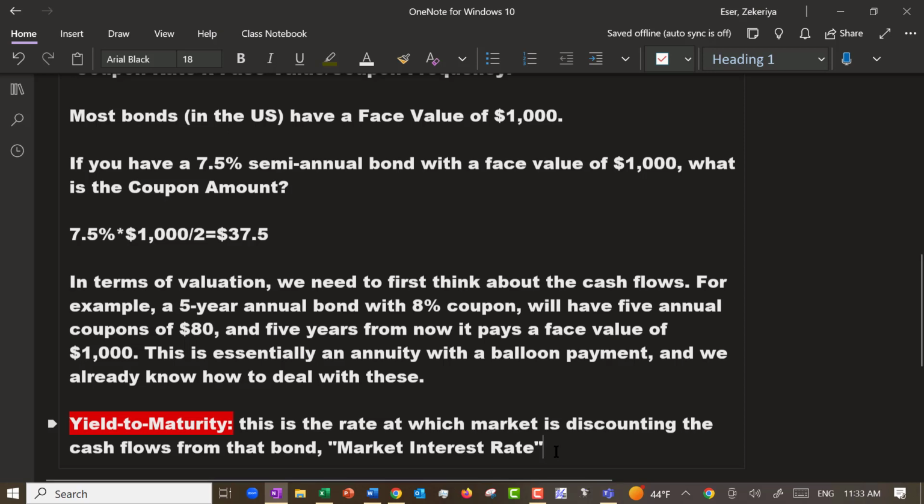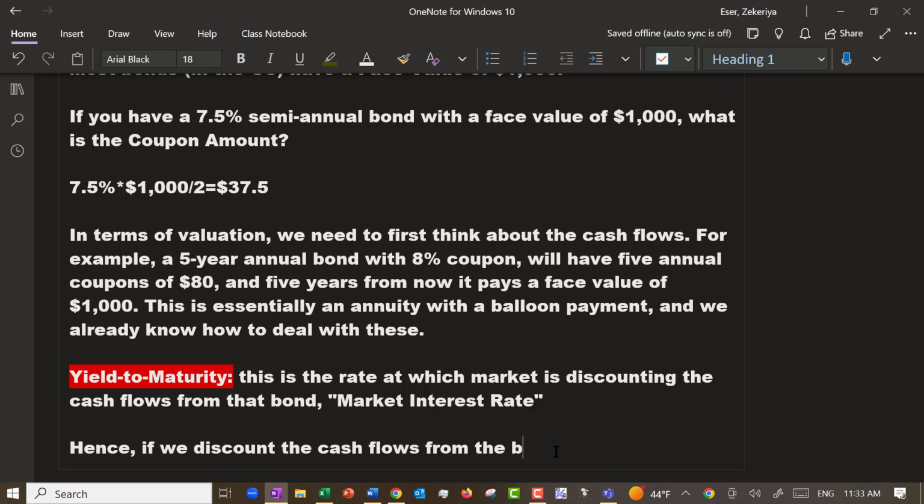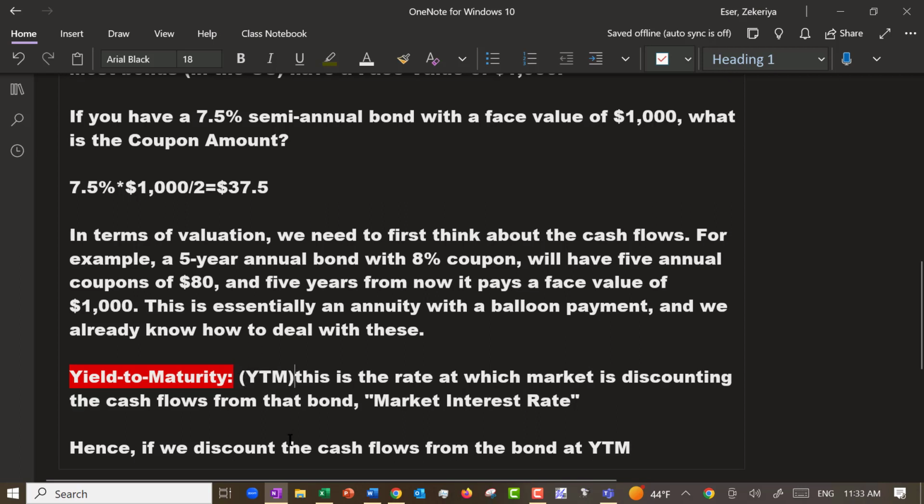Hence, if we discount the cash flows from the bond at YTM, that's short for yield to maturity, we obtain the value of the bond.